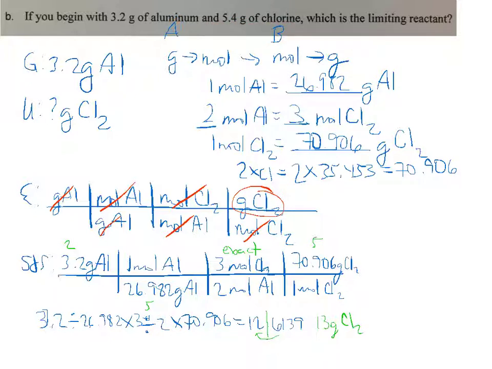So if we compare our 13 grams, what we needed, to what we were given, 5.4, our needed is bigger than our given of 5.4 grams, which means that our chlorine gas is the limiting reactant, since needed is bigger than given.